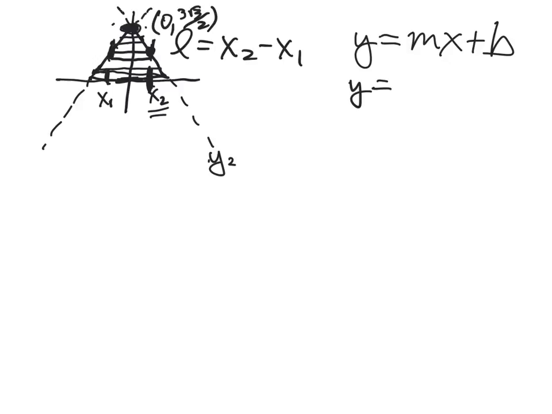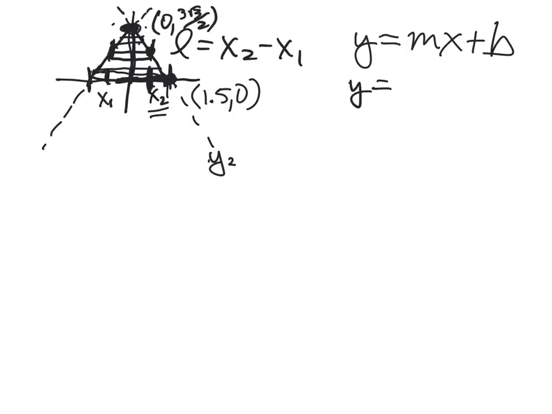y2, the slope of it would be what? What's this point? Y2? Now the actual coordinates of this point. 1.5 and 0. The x-intercept here would be 1.5.